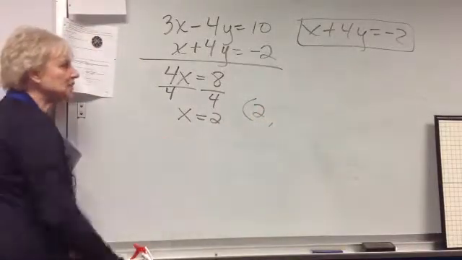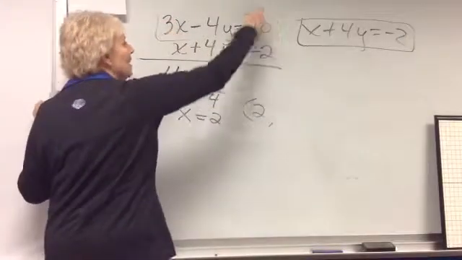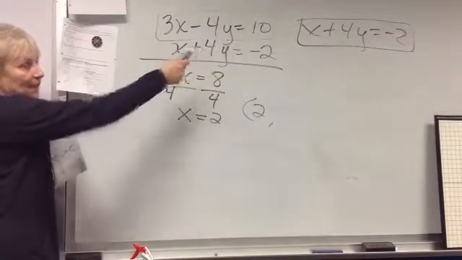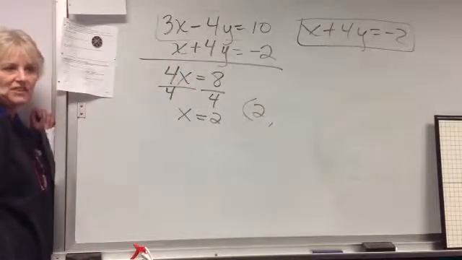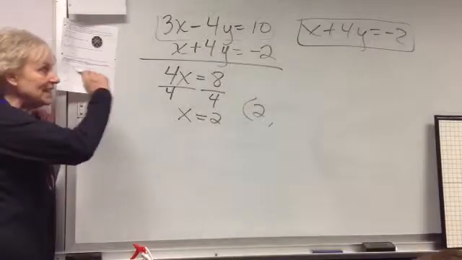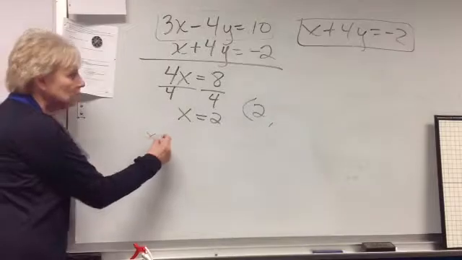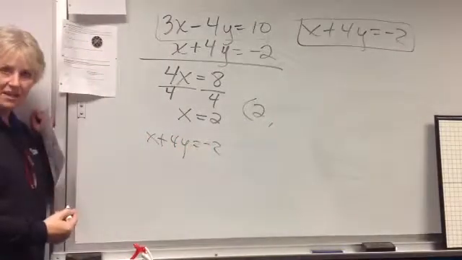Now let's plug the 2 back in. You can either plug it in here or you can plug it in there. I choose to plug it in the second one because there's no coefficient of x. It's just faster and easier. You can plug it in either one, it should work. So let's take that x plus 4y equals negative 2. That's one of the original equations.